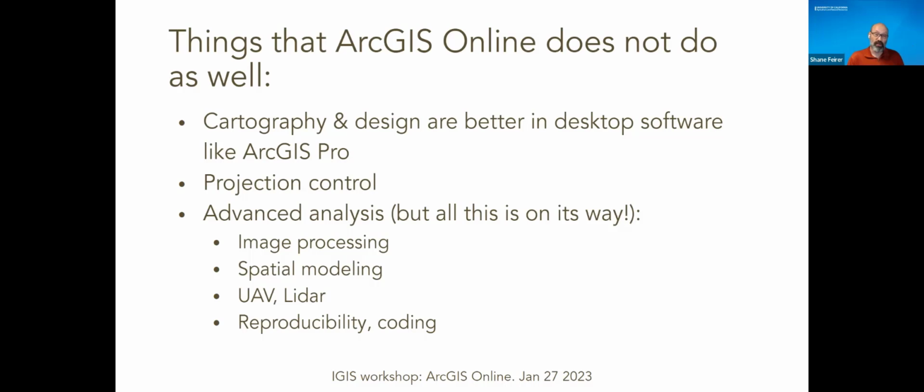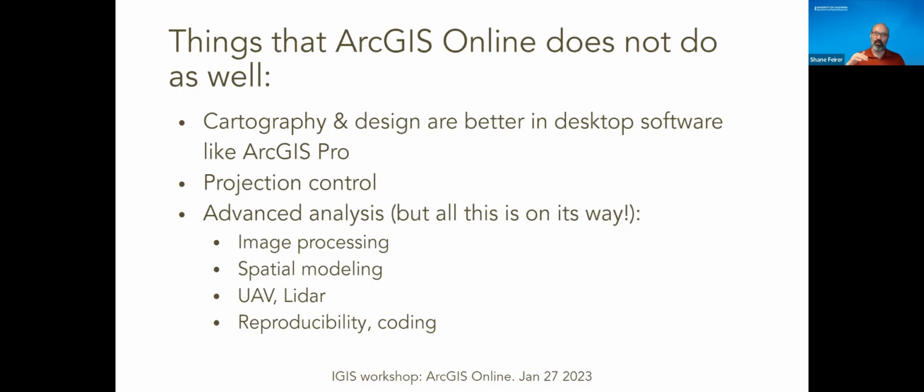But it works for a basic map that you'd want to show to have people zoom in and know where they are and provide some basic maps. The only way that I know of to change the projection of a web map in ArcGIS Online is the base maps that Sean's going to discuss. You have to have a base map that has a different projection. And all of Esri's base maps have Web Mercator projections, so that's what you're going to have.